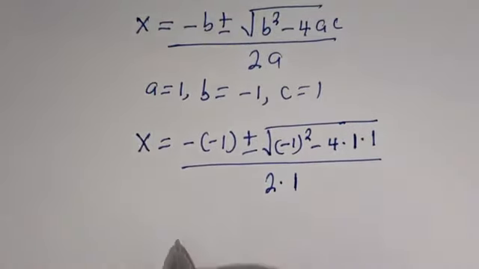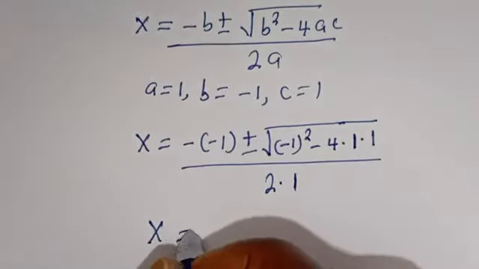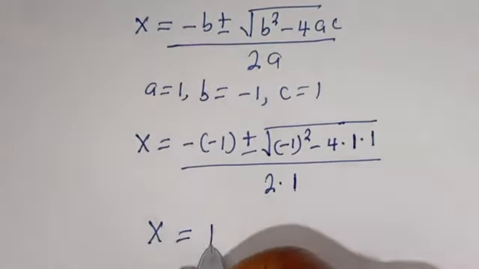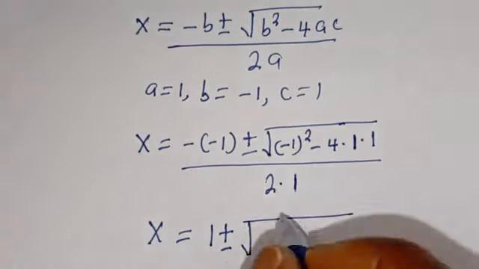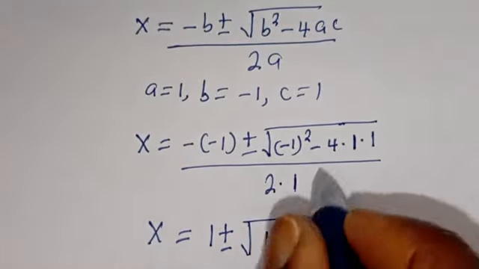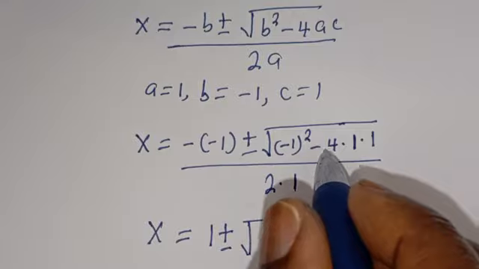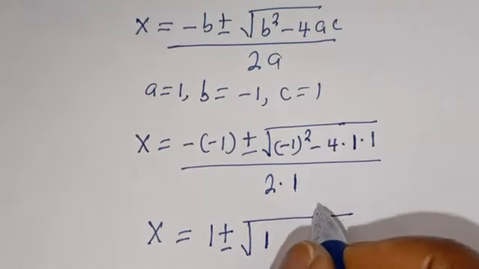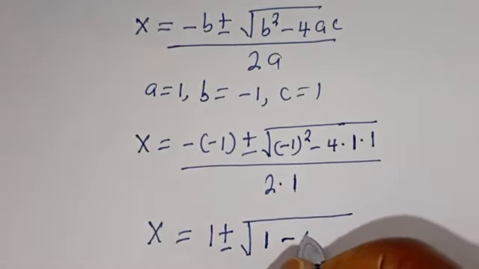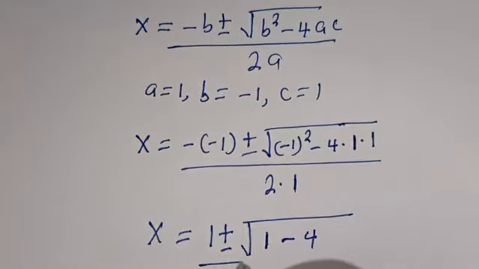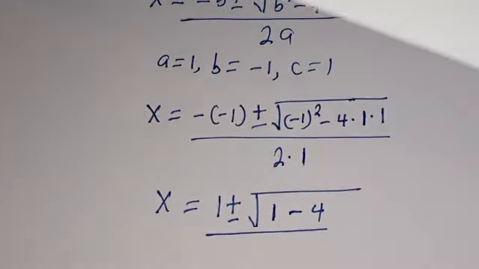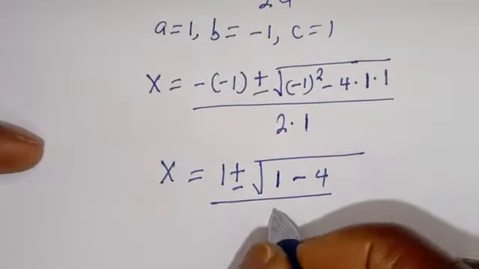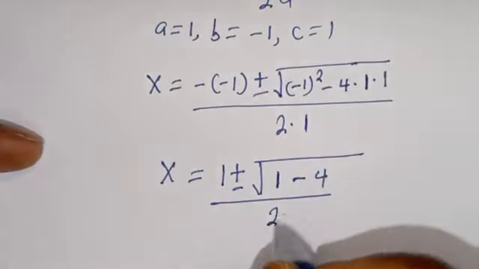Then here we have x is equal to minus times minus 1, that is 1, plus or minus square root of minus 1 square, that is 1, minus 4 multiplied by 1 multiplied by 1, that is minus 4, divided by 2 times 1, that is 2.